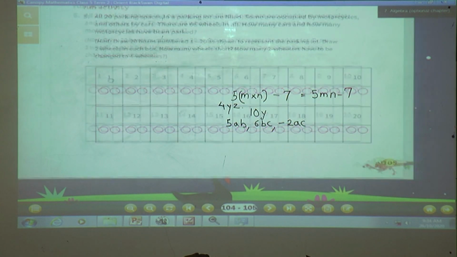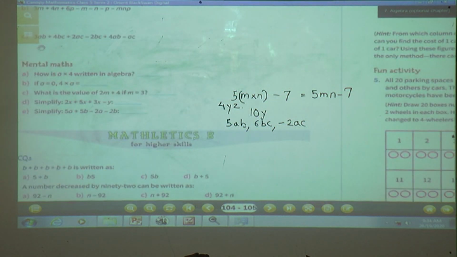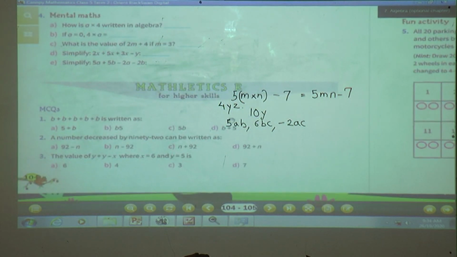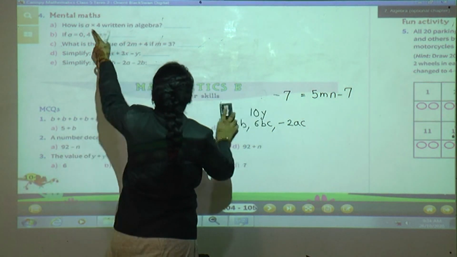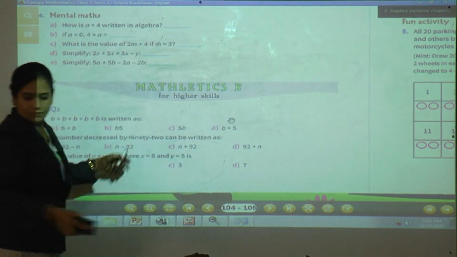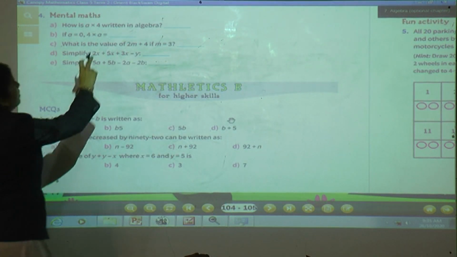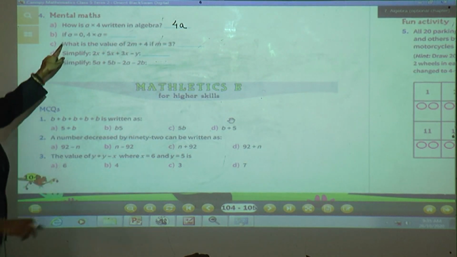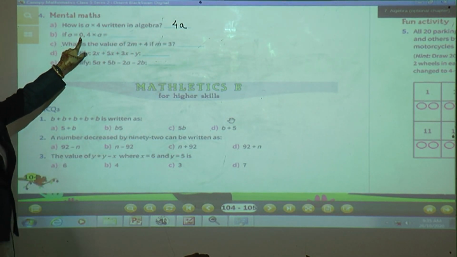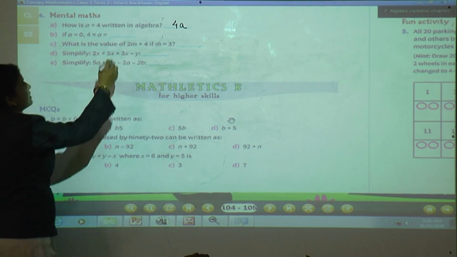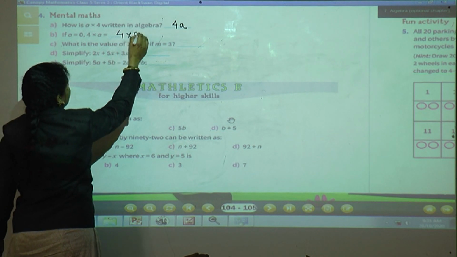Here see, how is a into 4, that means a multiplied by 4, written in algebraic expression? So here 4a we can write. Okay, now if a is equal to 0 and we have to solve 4 multiplied by a, that means 4 multiplied by 0.